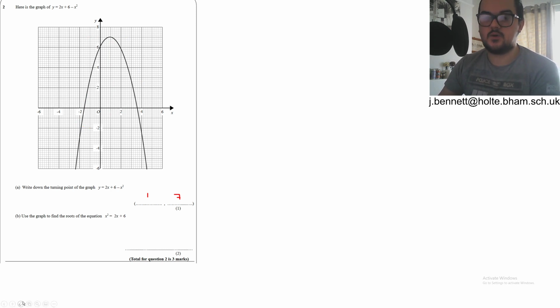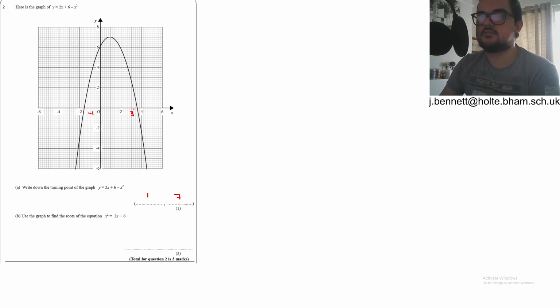So the roots, we want to find the x values when the y values are 0. So we want to see where it crosses this x-axis. So we have this point here, and we have this point here. Now this is a bit more tricky to work out, but if we just look at it and go in increments, here is 3, and here we have minus 1.